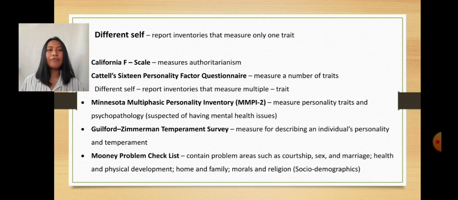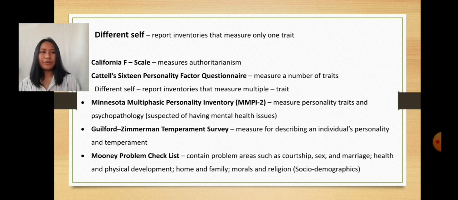So these are the following examples of different self-report measurements that measure only one trait. We have here the California F scale, which measures authoritarianism. We have here the Cattell 16 personality factor questionnaire, which measures a number of traits.